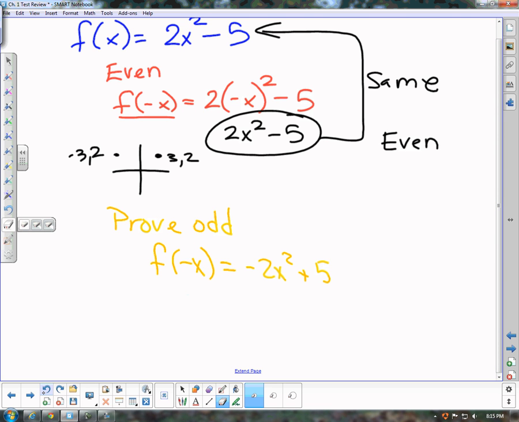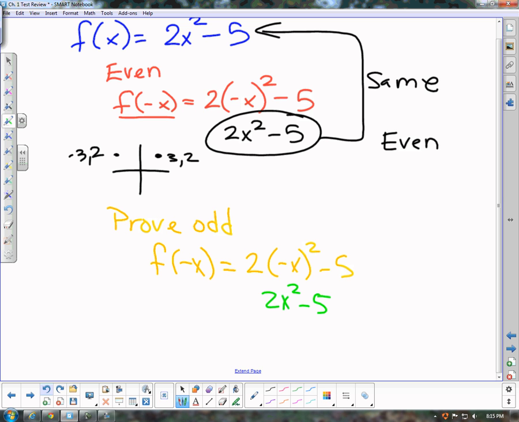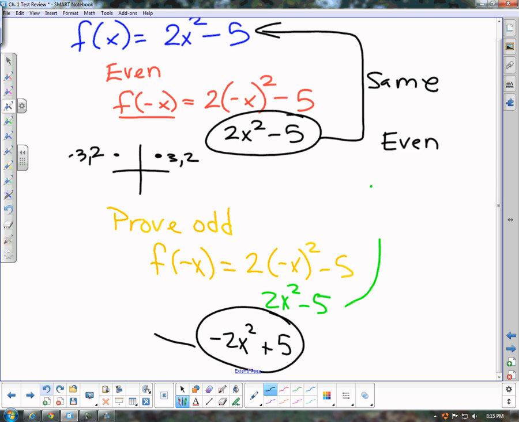If you substitute a negative x into the equation, you would get 2 times a negative x to the second minus 5, and then you would have 2x squared minus 5, which we've already shown that it is even, so therefore it would not be odd. If it were odd, then you would have to have a negative 2x squared plus 5. That would make it odd, but that is not possible when you substitute a negative x into that particular function. So in this case, this one is even.